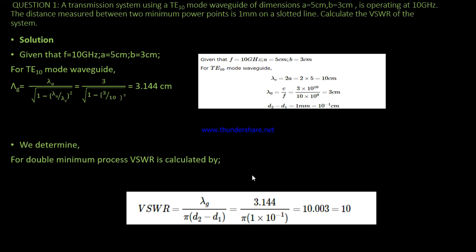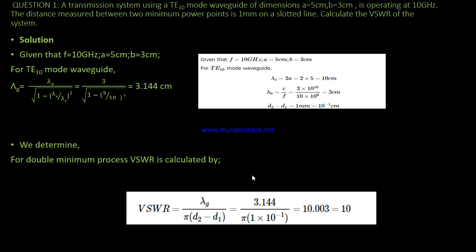Then to calculate lambda naught, the wavelength in free space, you have velocity over frequency, which gives 3 times 10 raised to the power 10 all over 10 times 10 raised to the power 9. That gives you 3 cm. Then we were also given the distance between the two minimum power points, which is 1 mm, equivalent to 10 raised to the power minus 1 cm.